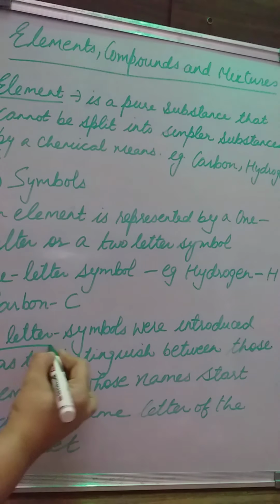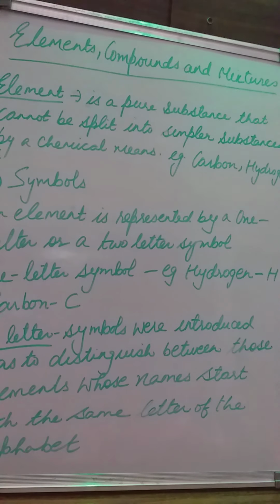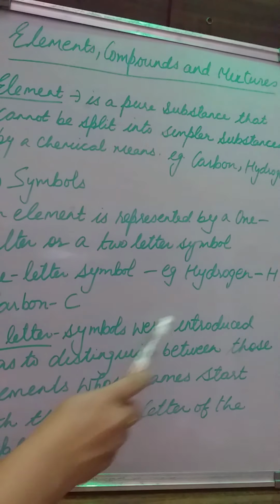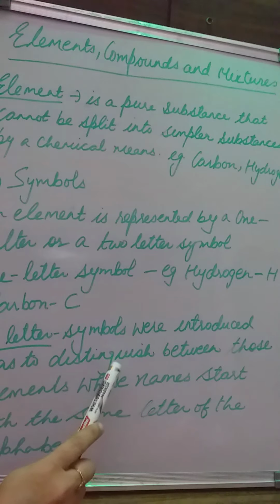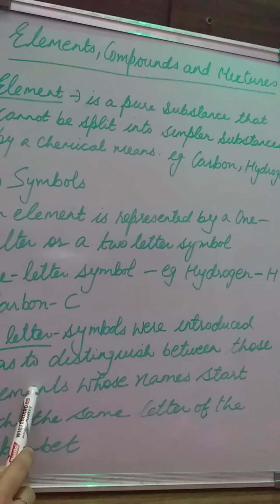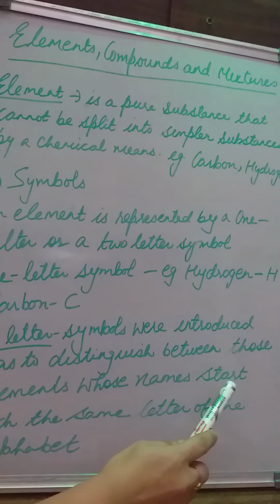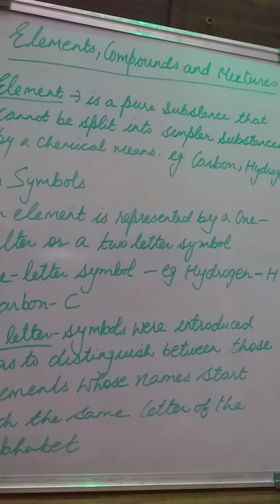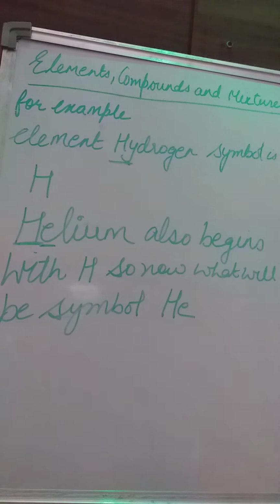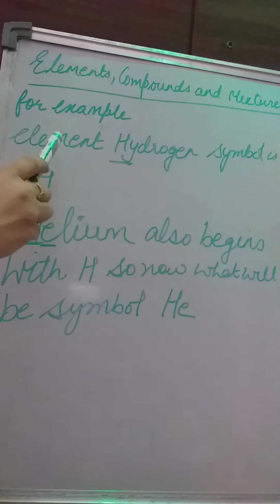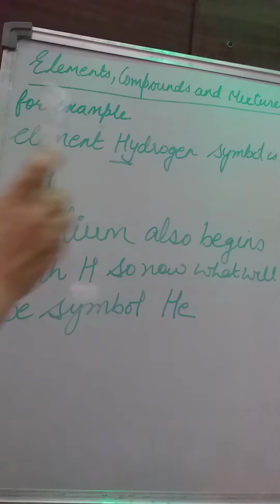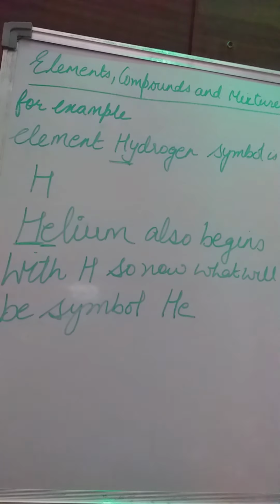Now we will learn about the two letter symbol. So what is a two letter symbol? Two letter symbols were introduced so as to distinguish between those elements whose names start with the same letter of the alphabet. Let us take the example of hydrogen. Its symbol is H and it begins with the alphabet H. Similarly, we have another element, helium.